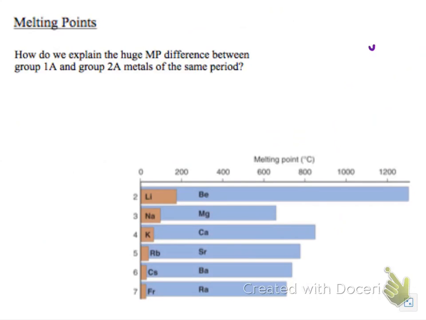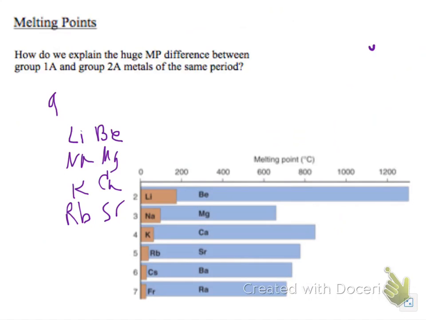We'll look at that in a second, but let's first take a look at this interesting chart where we see some melting points of different alkali metals and alkaline earth metals. If you look at the periodic table, these are group 1 and group 2. Lithium with one valence electron has a melting point of about 180 degrees, but beryllium has a melting point of more than 1200 degrees.